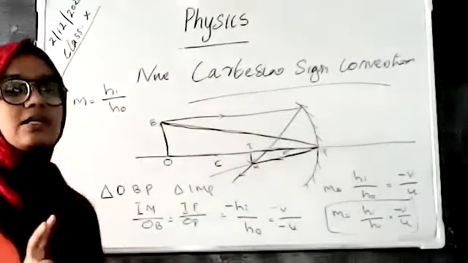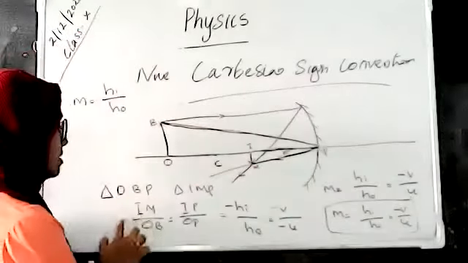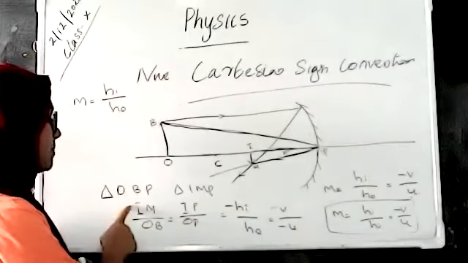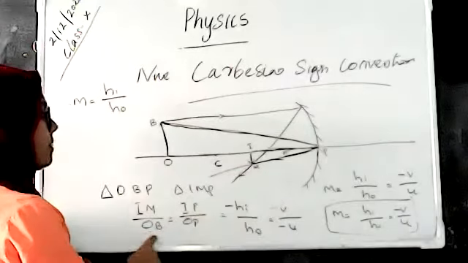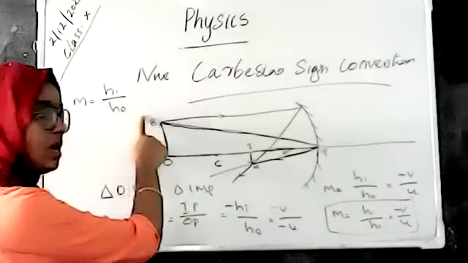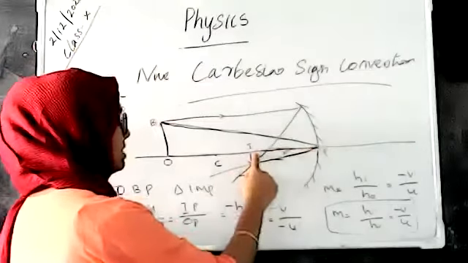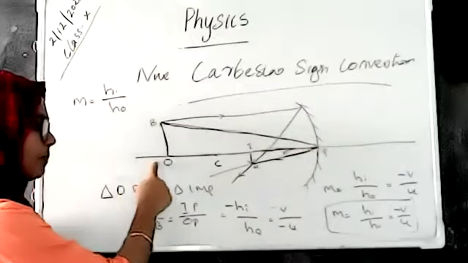These two triangles are similar, and the concept of similarity gives IM by OB is equal to IP by OP. IM is the height of the image and OB is the height of the object, and IP is the distance from mirror to image and OP is the distance from mirror to object.